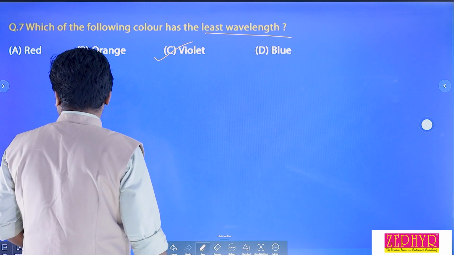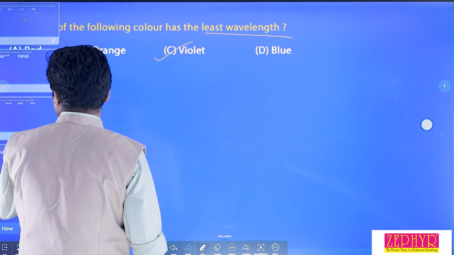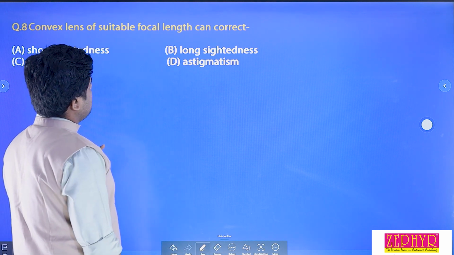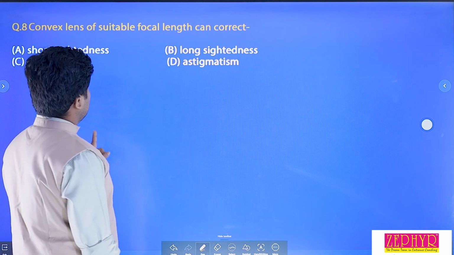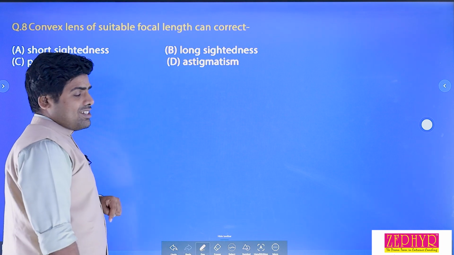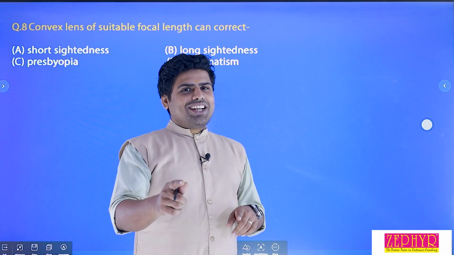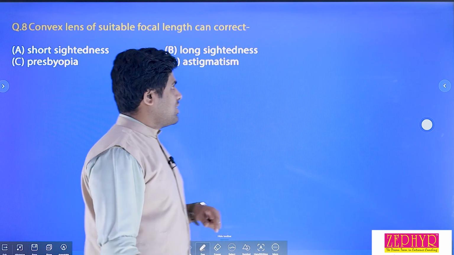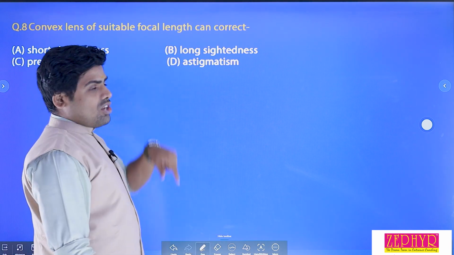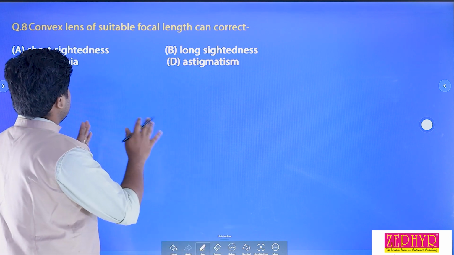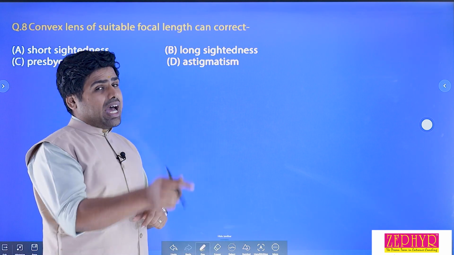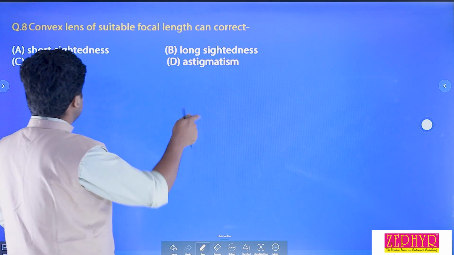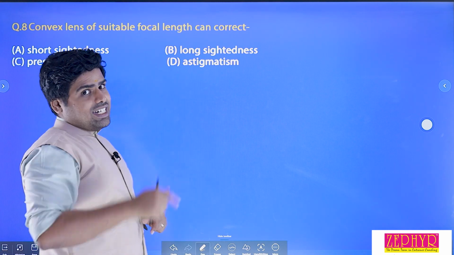The next question: a convex lens is suitable for correcting which defect? I already explained which type of lens is used to correct short sight and long sight. A convex lens is used to correct long sightedness, and a concave lens is used to correct short sightedness, right?